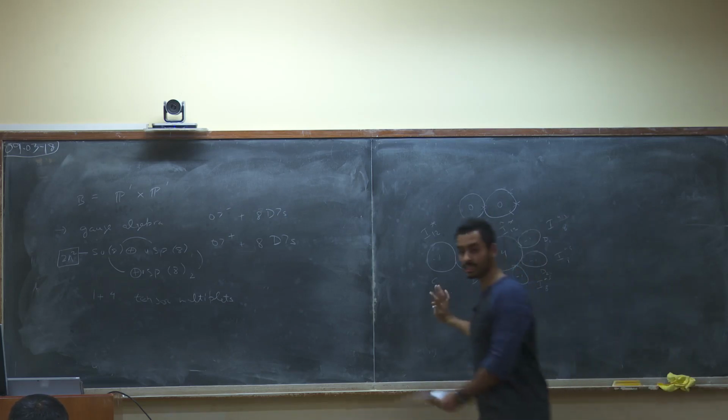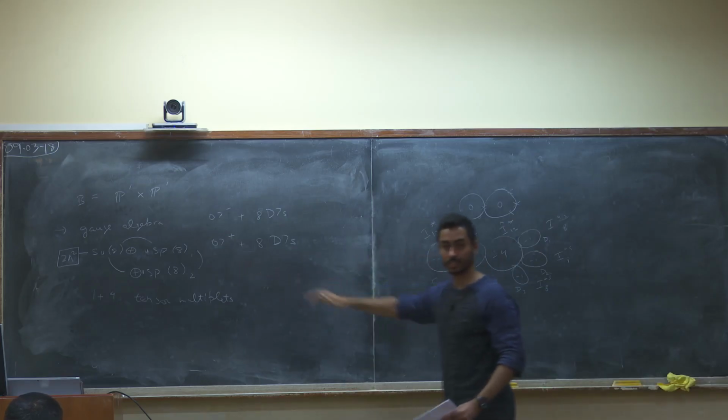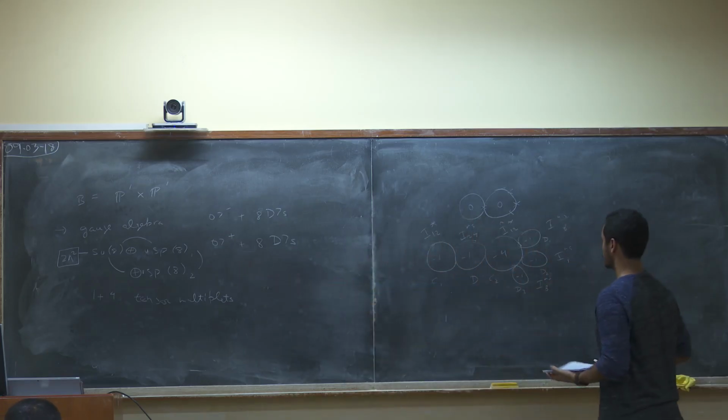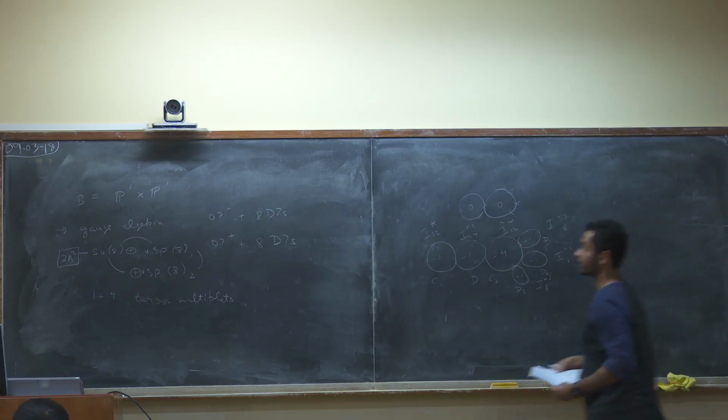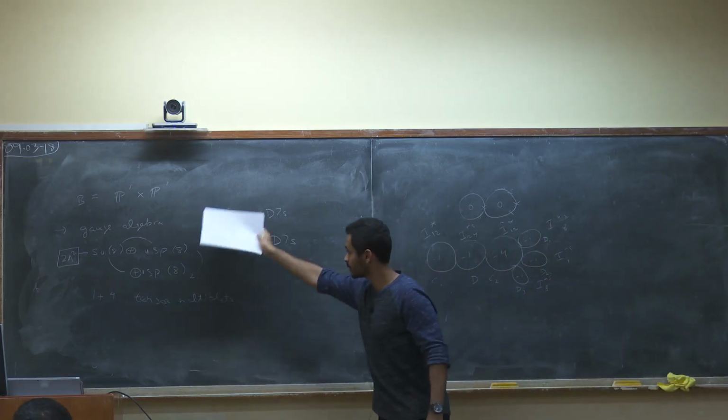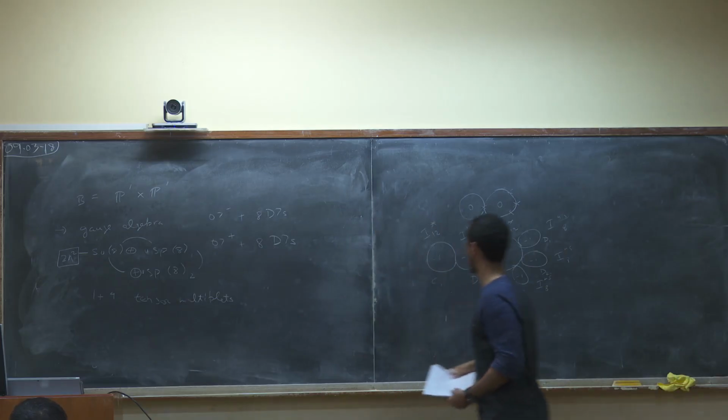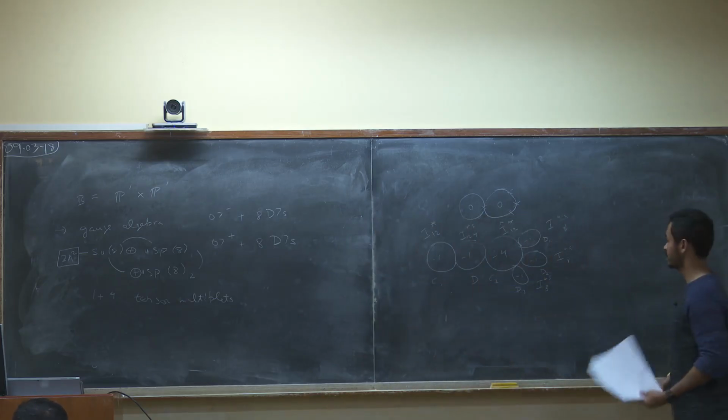Right, so this looks nothing like the spectrum which we have over here. So in order for this spectrum to satisfy anomaly cancellation, you can look for various gauge divisors.